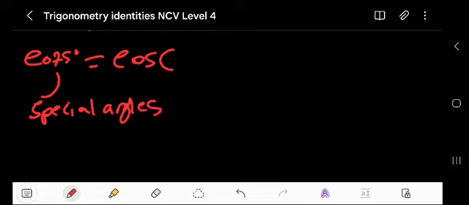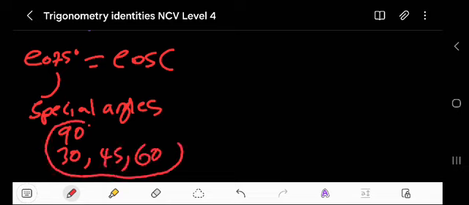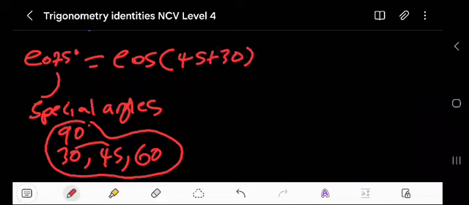You know special angles: we have 90, 30, 45, 60. These are special angles, right? As you can see, 30 plus 45 is 75. So we can rewrite that as 45 plus 30, applying our special angles.